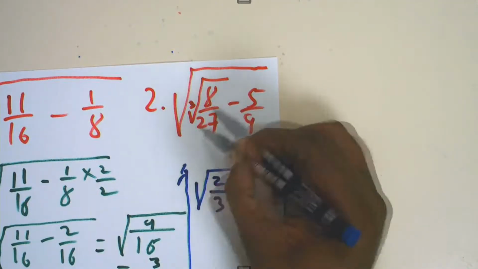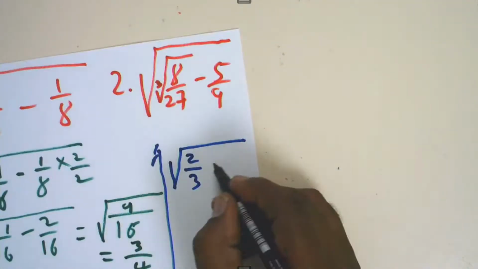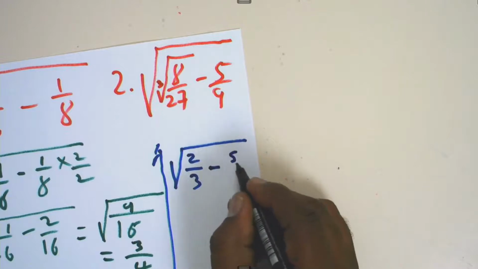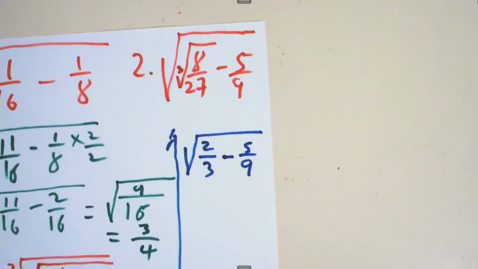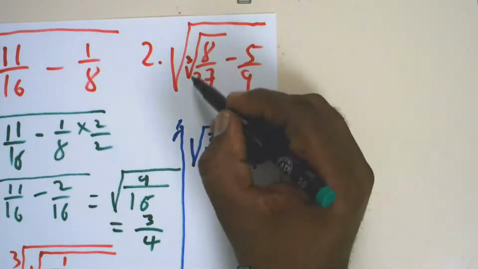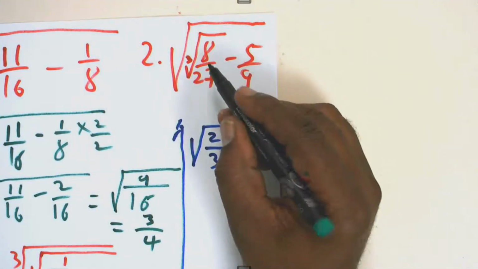Then we have removed that, but within the exponent, your square root minus 5 over 9. That's where you are. Step number 1, we remove that cube root sign.